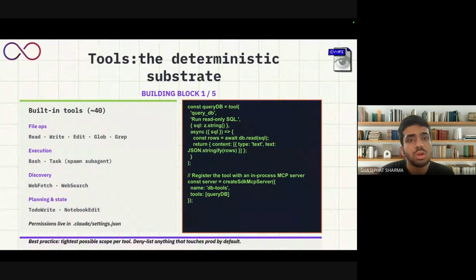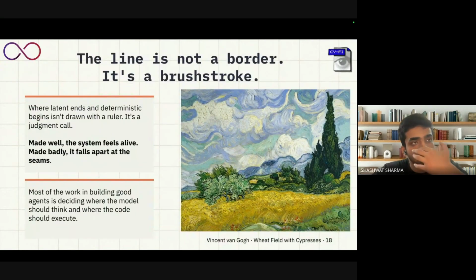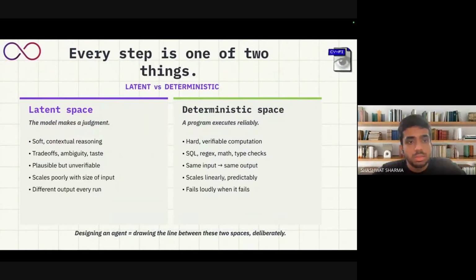The very first is your tools, the deterministic substrate. As we go through these explanations, I will correlate these things to this balance, and I would request you to do the same as you brainstorm: where whatever I explain sits, in the latent space or in the deterministic space.